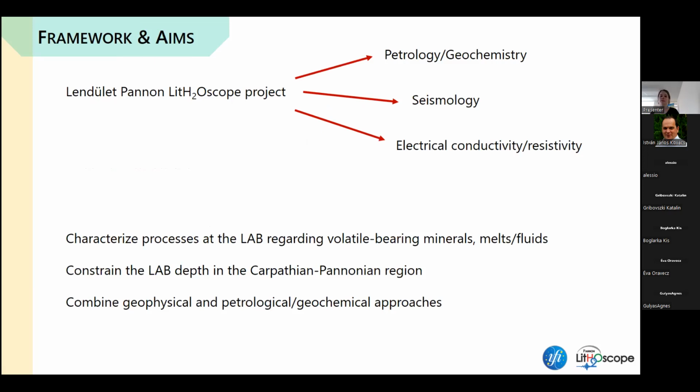And the main focuses are to characterize processes in the lithosphere-asthenosphere system, especially around the lithosphere-asthenosphere boundary, to constrain the depth of the LAB in the Carpathian-Pannonian region as accurately as possible, and doing this with the combination of these different geophysical and geological approaches. Now in this talk, I'm going to show a combination of petrological and seismological results.